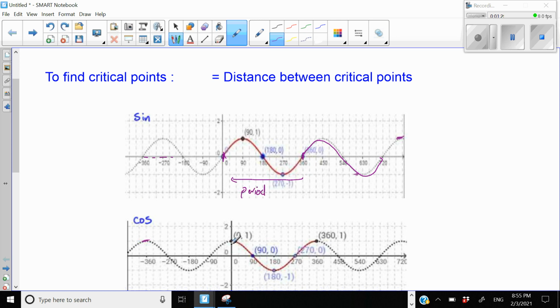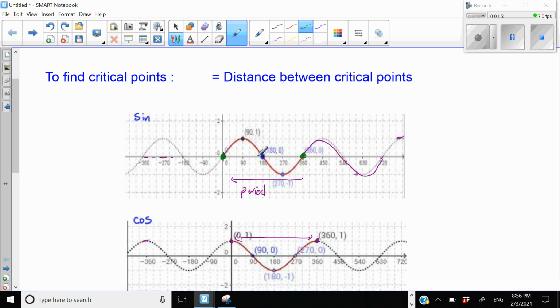And the same here, between these 2 points is one cycle. How many degrees does it need to complete one cycle? 360 degrees. Usually when you're given the graph of a function like sine or cosine, in order to find the period, you need to find the distance between two repeating points. For example, this point and this one are repeating each other.